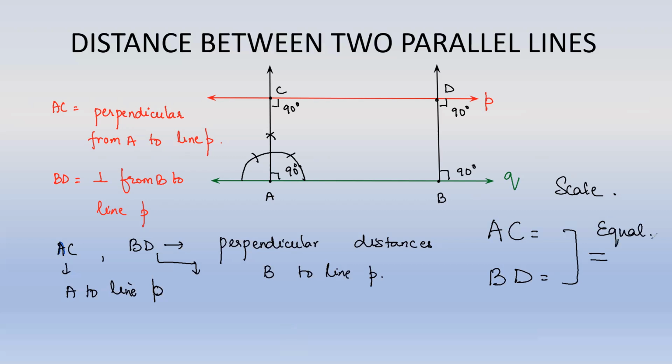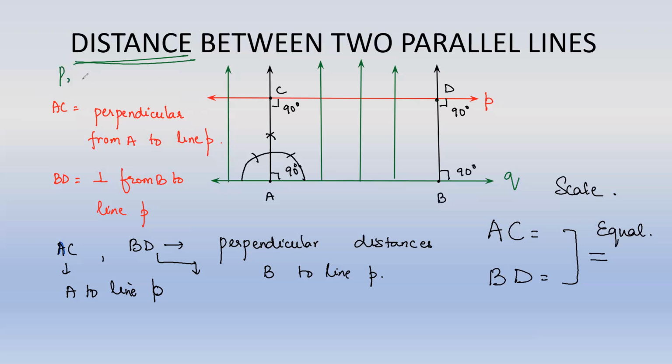Hence, every time we draw perpendiculars from any point of one line to the other line, they will always be equal. Hence, what do we infer? That the distance between two parallel lines will always be equal, and this distance is a perpendicular distance. So the perpendicular distance between two parallel lines will always be the same. This is what we infer.